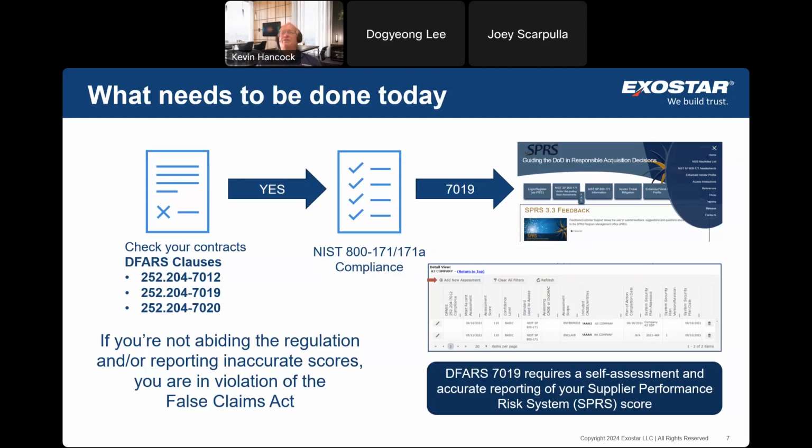Those you haven't implemented, you take off 1, 3, or 5, and you get a score somewhere between -203 and 110. Those controls you haven't implemented, you should have a POAM against them and a plan to address those. You take that score and enter it into the SPRS system. And the Department of Defense uses that as one of their performance metrics in the overall Supplier Performance Risk System when they're awarding contracts.